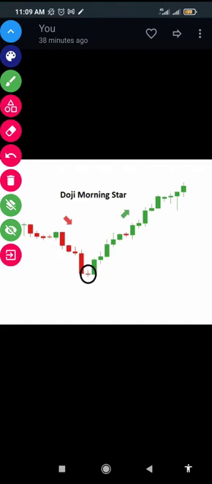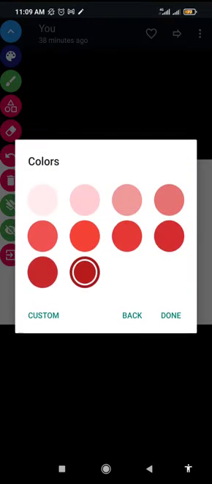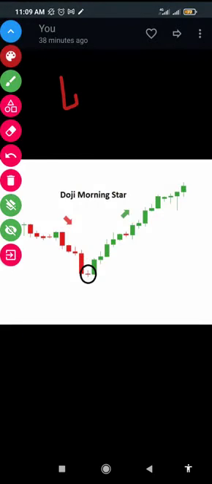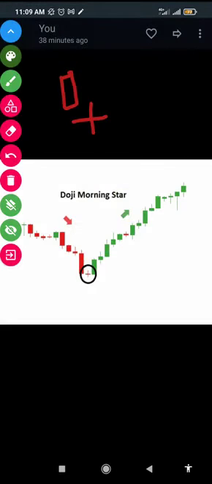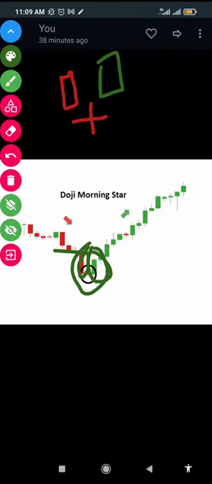Let's say a sell candlestick, then a doji, then a buy candlestick. This is a morning star, and you can see that it occurred here. A sell candlestick, a doji, and a buy candlestick. So this is a morning star.